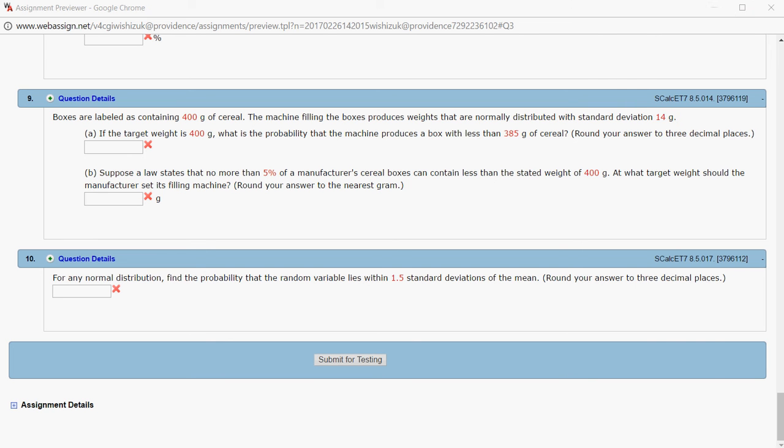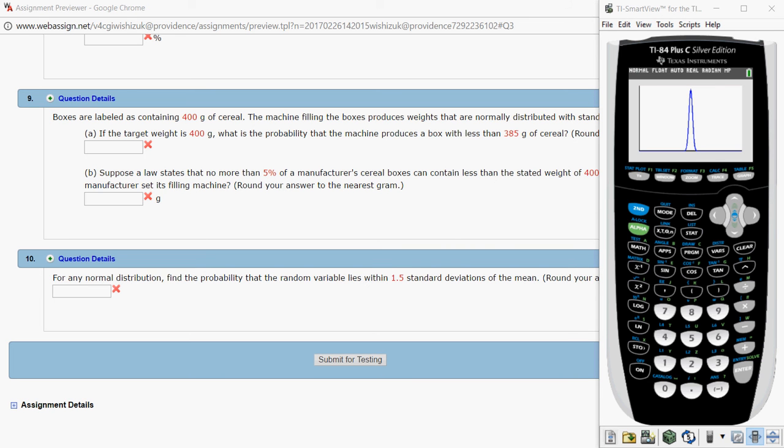We need to integrate from 0 to 385. I use option 7, the integral, with a lower limit of 0 and an upper limit of 385, which is below the mean, so it shades almost halfway, and it gives you the value.